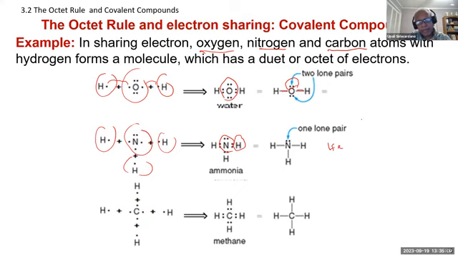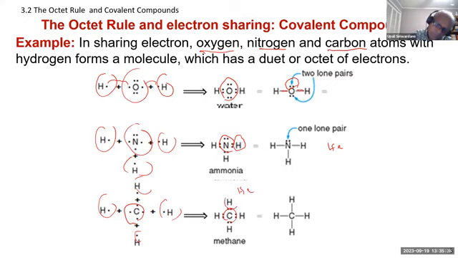So in methane, natural gas, carbon has 4 valence electrons. It shares with 4 hydrogens and produces an octet for the carbon and a duet for the hydrogen, which is the same as helium.